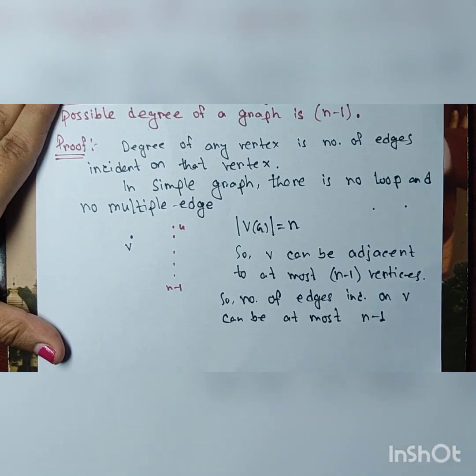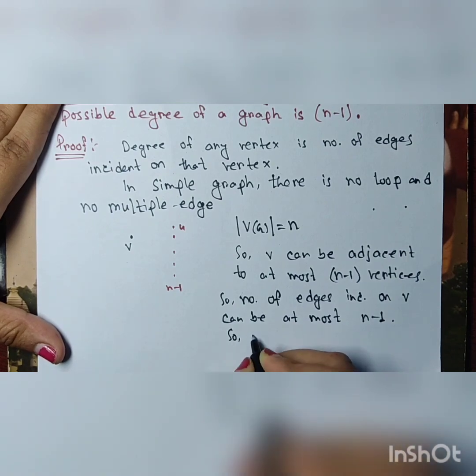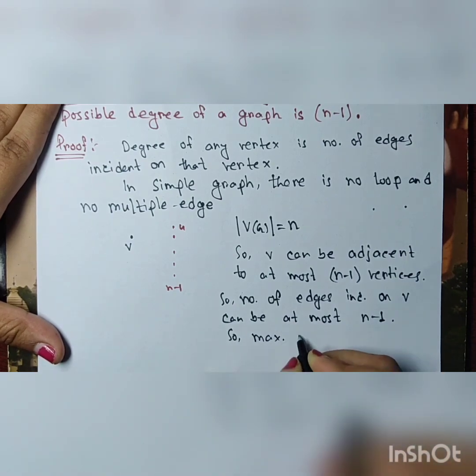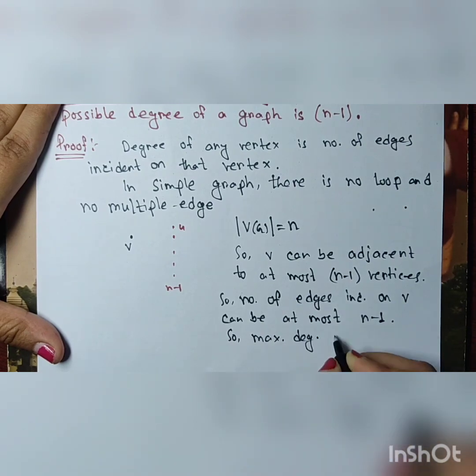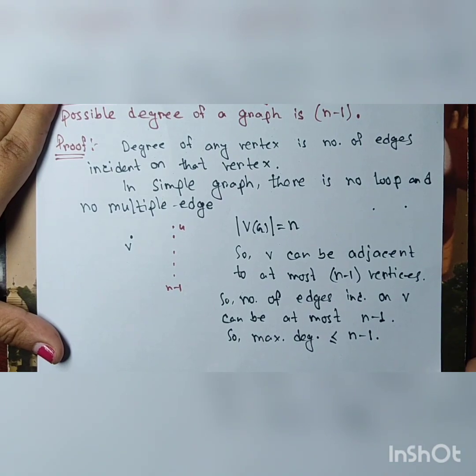So the maximum degree will be at most n minus 1 from here. So the maximum degree is less than or equal to n minus 1. So here the proof is complete.